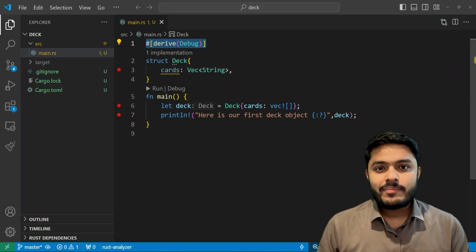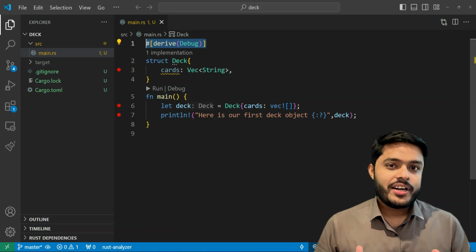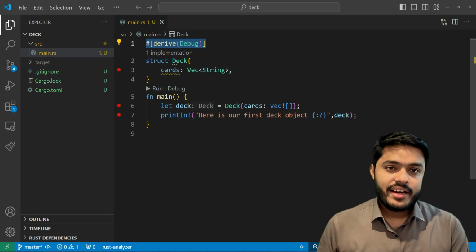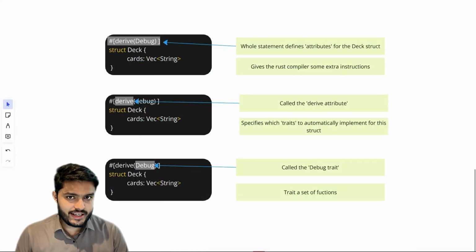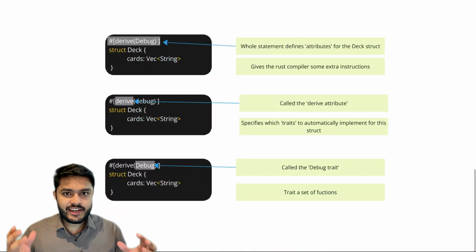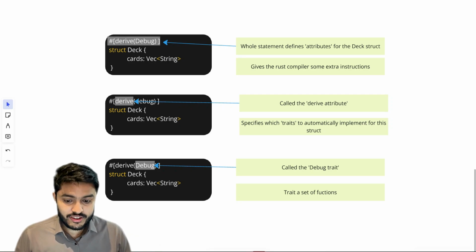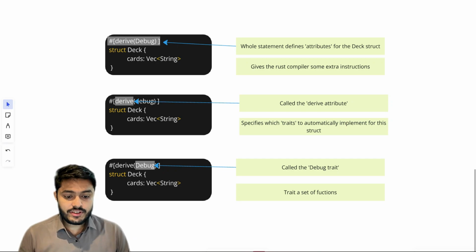Let's take the help of our diagram and break it down to understand what derive Debug is. Let's take a look at our diagram, which has been broken down into pieces. The derive is an attribute, or we can say this whole statement is an attribute for this DAG struct, which gives some extra instruction to the compiler.